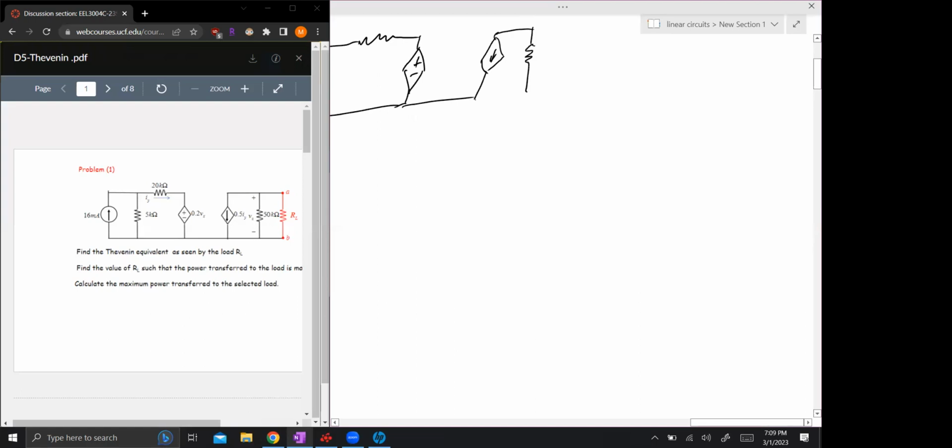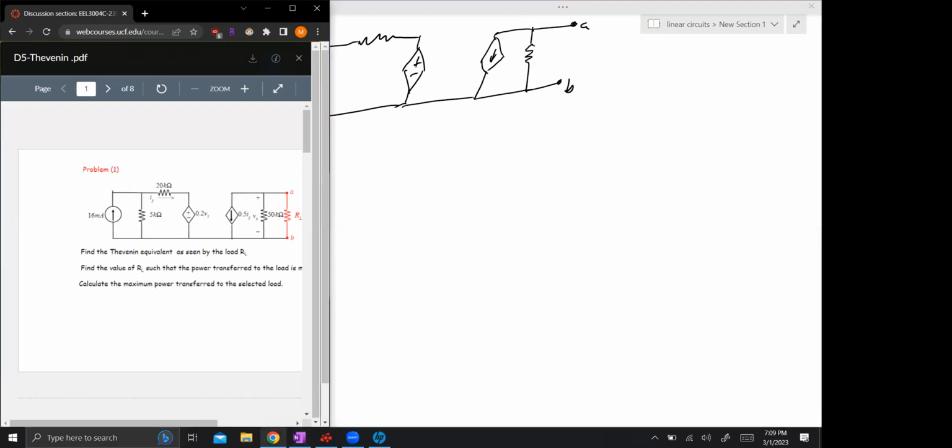So when it says to find the Thevenin equivalent from, for example, a load resistor, what you'll do is take that load resistor out and make that an open circuit voltage. We'll label this as VOC, and keep in mind that open circuit voltage is going to be equivalent to your Thevenin voltage.